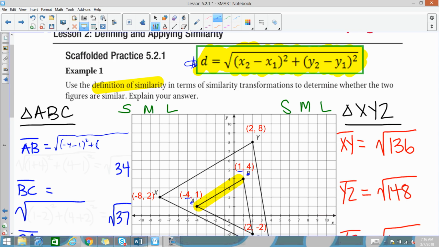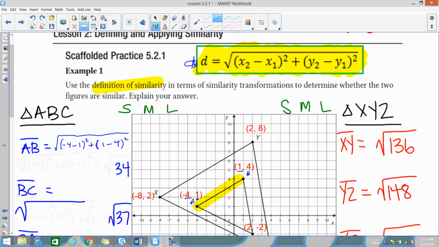So again, I'm going to take the y value of A, which is 1, put a minus sign, and then B's y value is 2, and we square it. Now, this right here is great work.